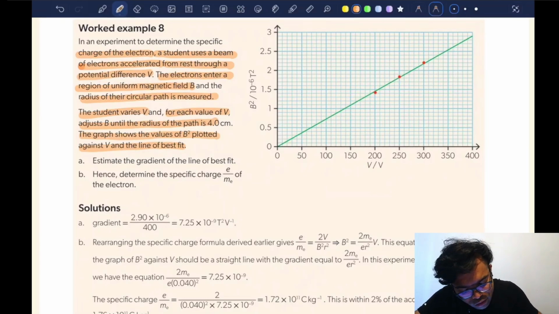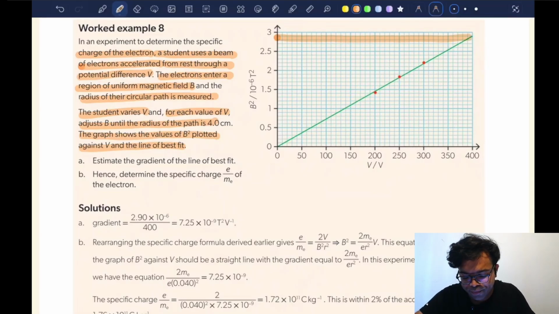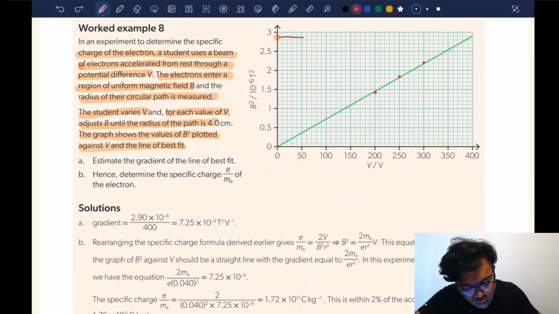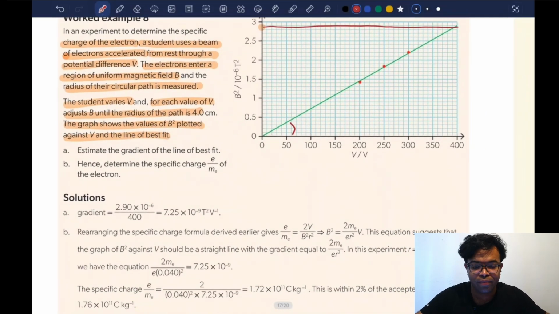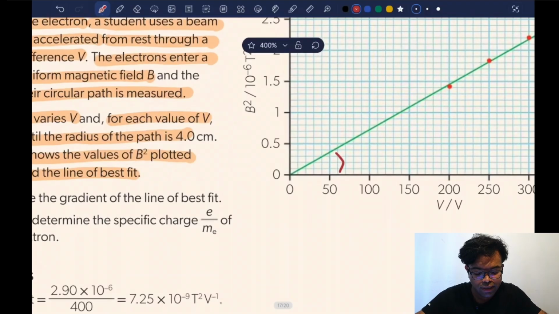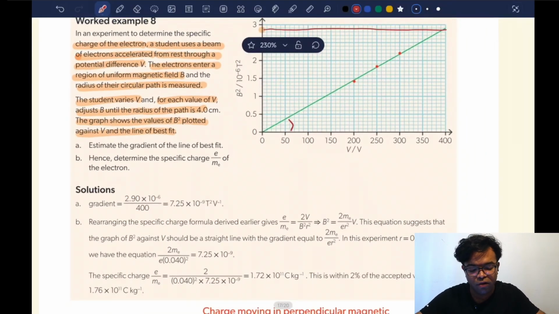This line is 2.9, right? That is going to give you 2.9 into 10 to the power minus 6 upon 400. So this is what gradient means. Gradient means the slope, and the slope is always equal to tan theta. For any type of formula that you have, the gradient is going to be tan theta. So that's what they have done here.